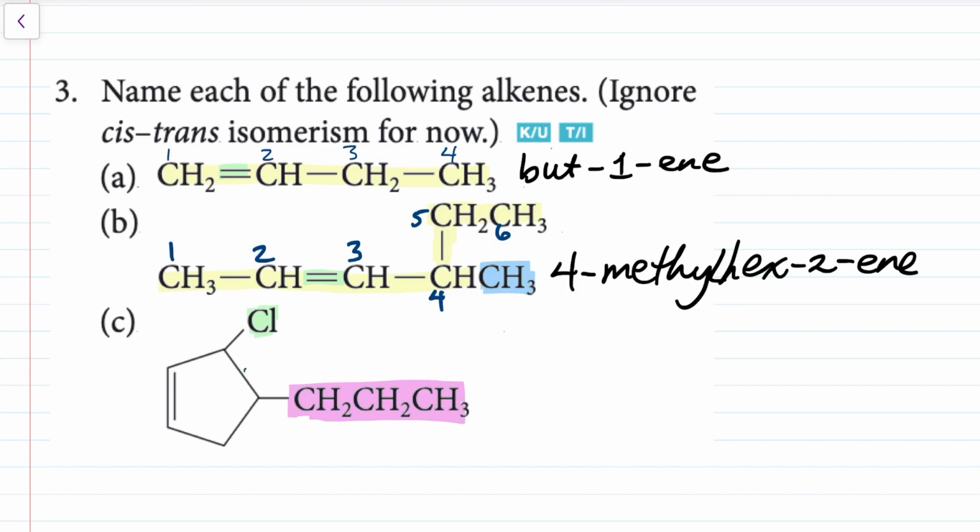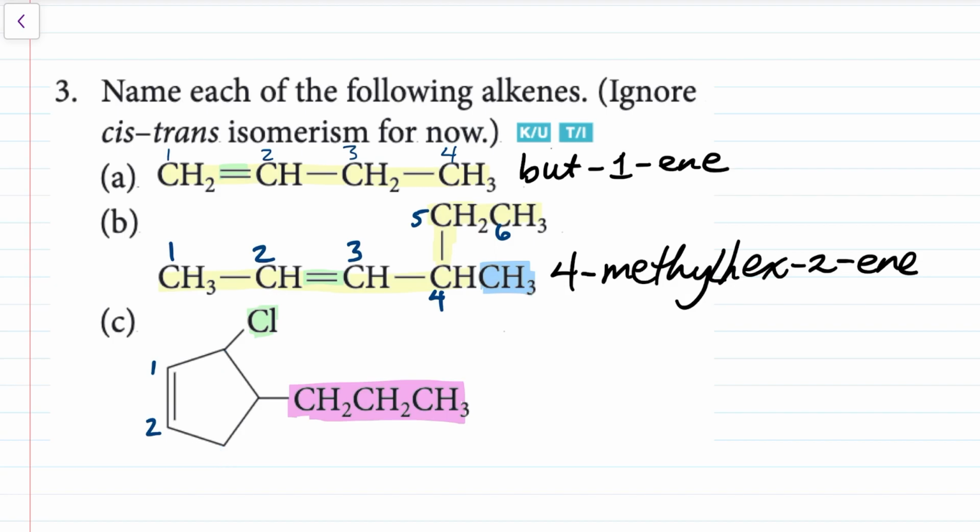Well, our double bond is inside the cyclic portion, right? So what we're going to do is just do a quick little trial and error. So if I go 1, 2, 3, 4, 5 in that direction counterclockwise, we see a 1-2 name for the double bond, but that puts the propyl at 4 and the chloro at 5.